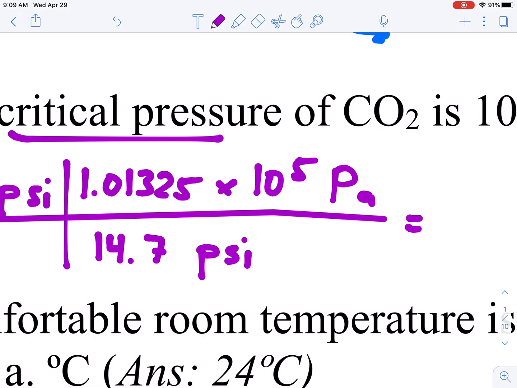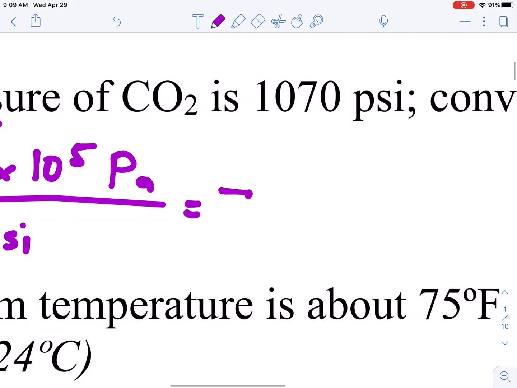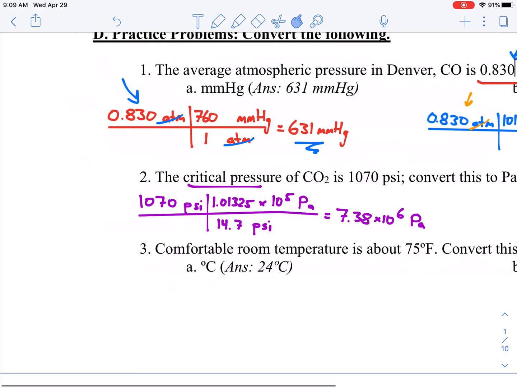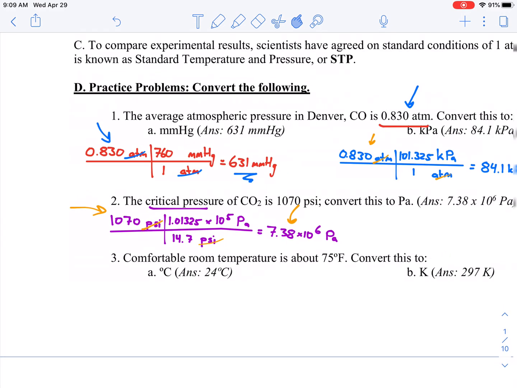If we do that math, we will end up with 7.38 times 10 to the sixth pascals. And obviously here in Pennsylvania, we like pascals. So psi will cancel. We start with 3 sig figs. We end with 3 sig figs. We're all good to go. That's how we convert from one pressure to another.